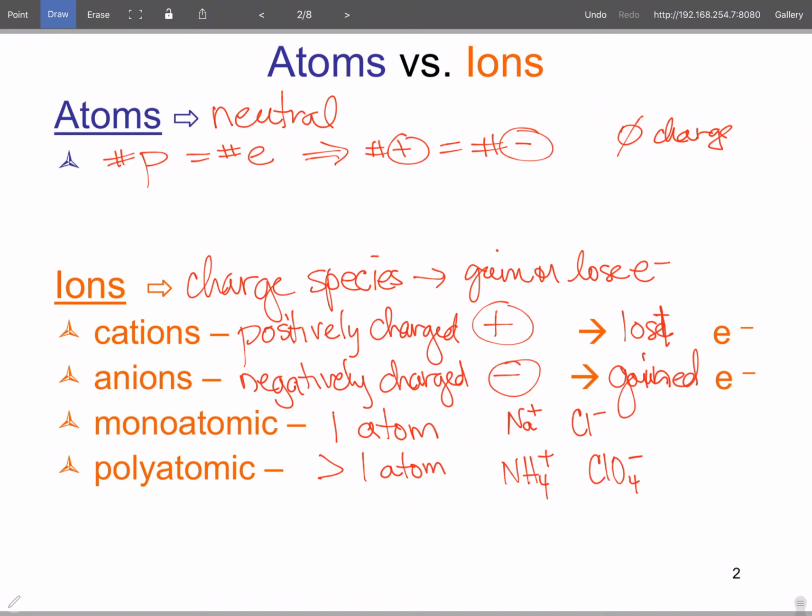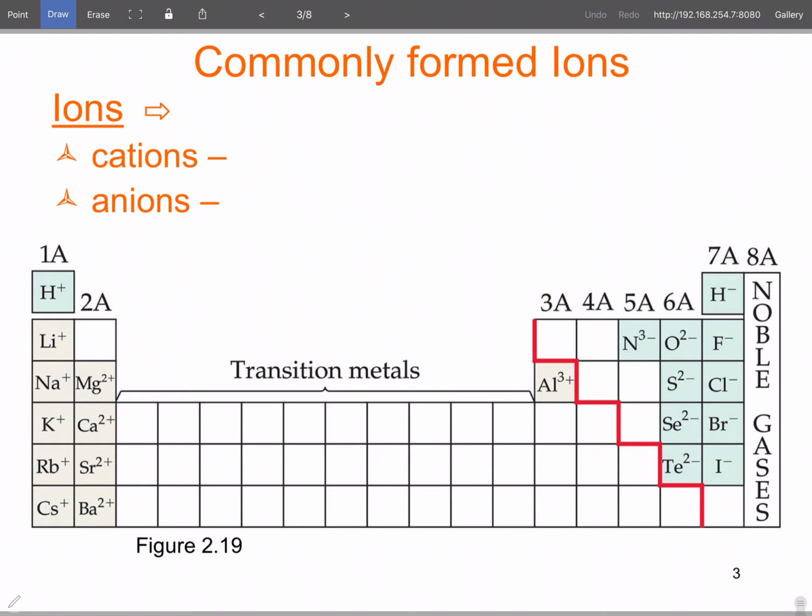Now, ions are relatively simple in terms of the elementals because they're easy to identify on the periodic table. So metals tend to form positives. Cations, remember, are positively charged.